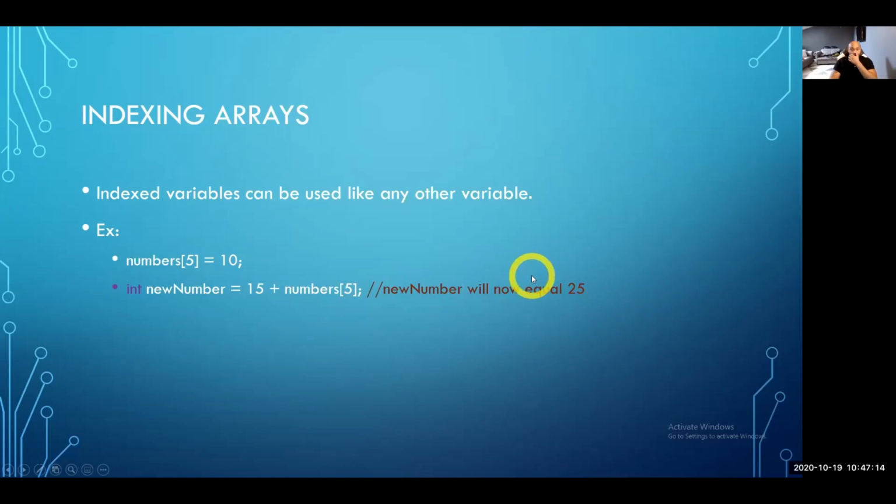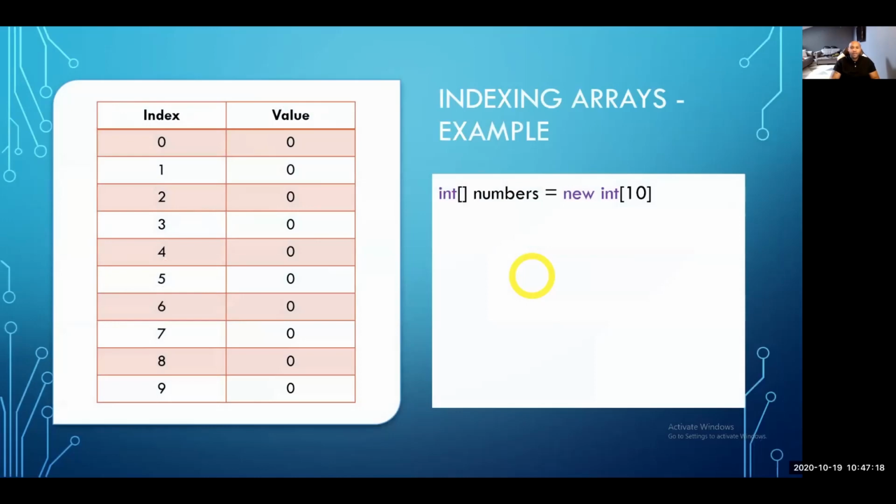All right. Then I'm going to go through a couple of examples of indexing an array. So again, we have int numbers equals new int[10]. That creates an array of size 10. Let's set numbers[0] equal to 14. That sets the index at 0 to 14.